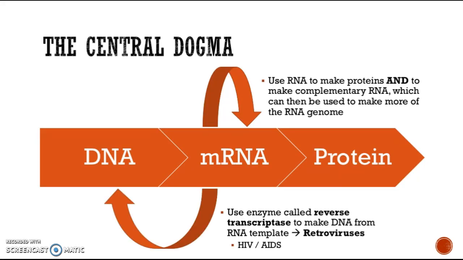There are also some viruses that are able to take RNA, reverse transcribe it into DNA, and then take that DNA and put it into the host genome. Crazy, right? That means every time the cell replicates, it's going to replicate the host DNA along with the viral DNA. That's crazy. And so these are called retroviruses, or the backward viruses, and that includes HIV, which is the virus that causes AIDS.